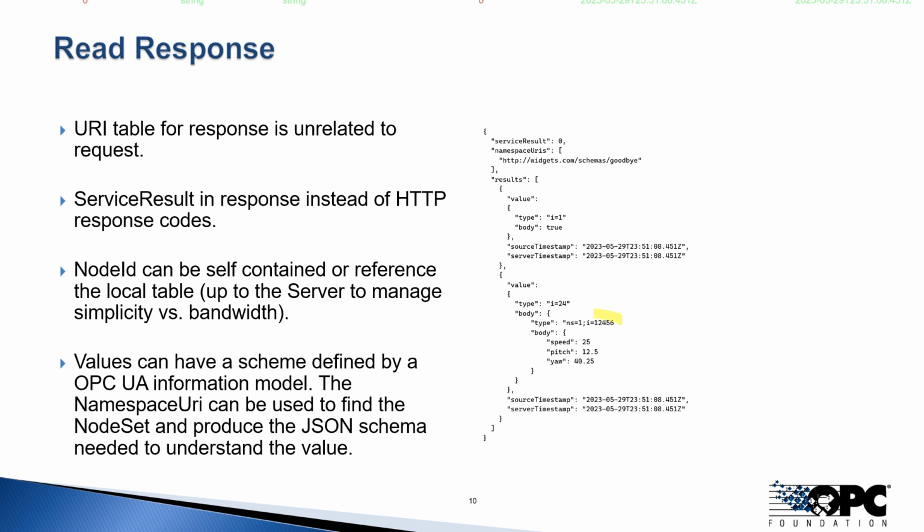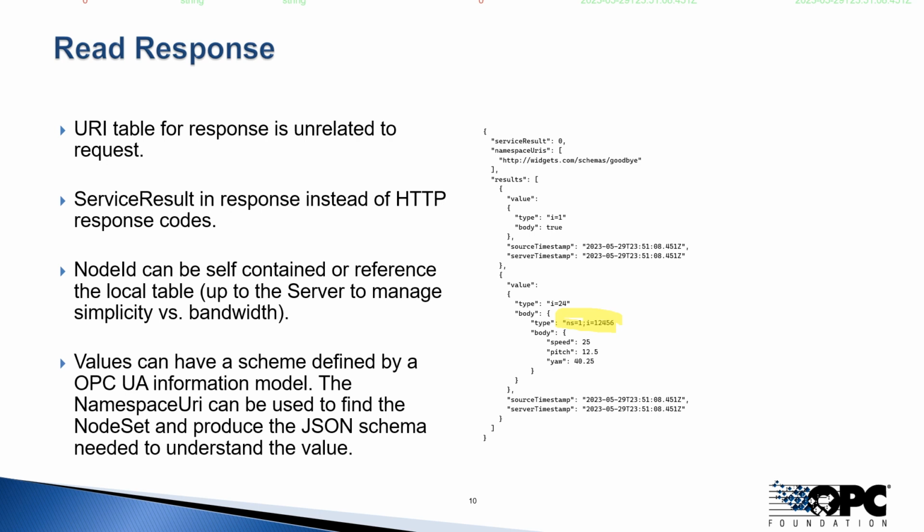And so specifically what we have here is this type ID that will show up. And this type ID includes a namespace URI that identifies the model that defines the type and the identifier for that type. And what this means is that you can take that model and you could look it up.